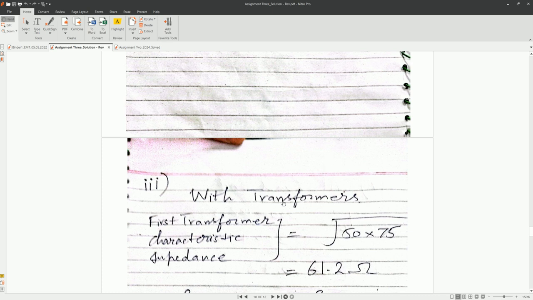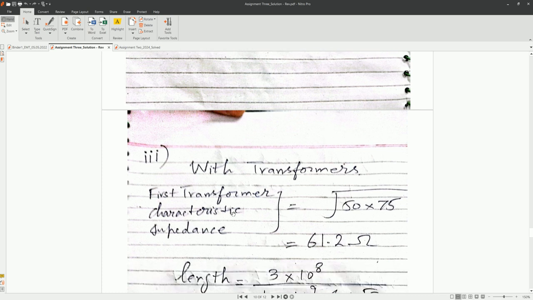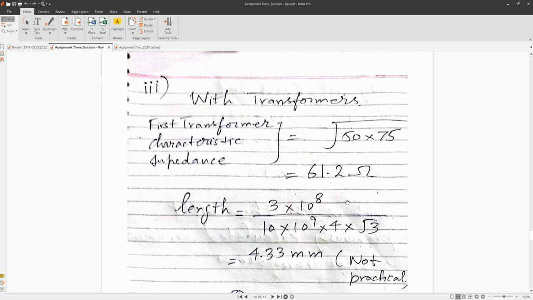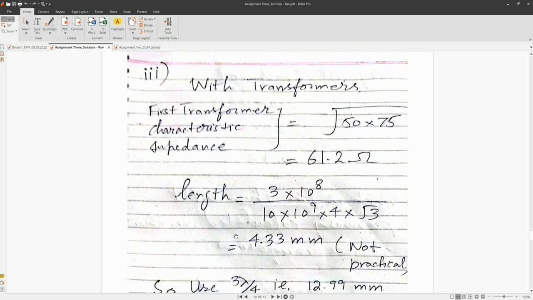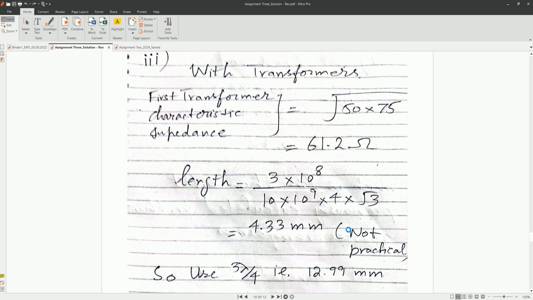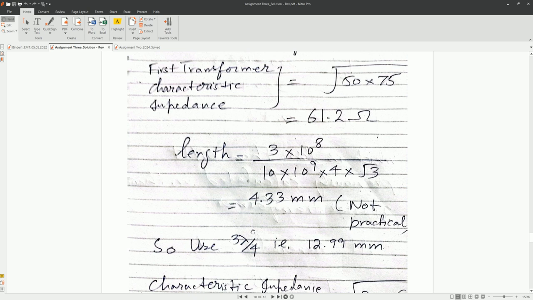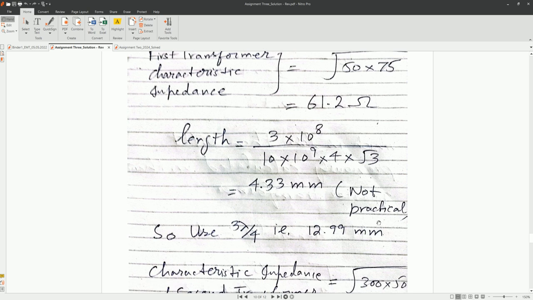Now for the first transformer, we calculate the characteristic impedance like the previous formula, and then for the length we have this formula, 3 into 10 to the power 8 over 10 to the power 9 into 4 into the square root of 3, which is 4.33 mm, which is very low. So if we use 3 lambda by 4, then we will be having 12.99 mm.